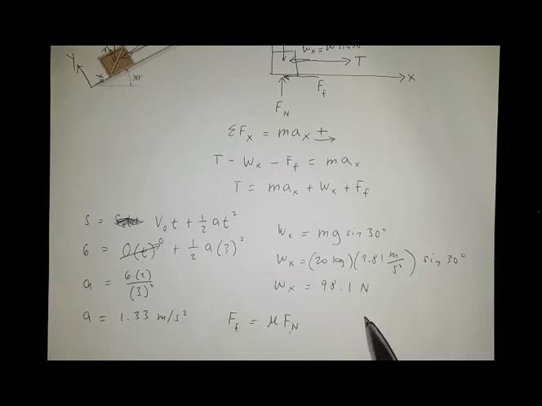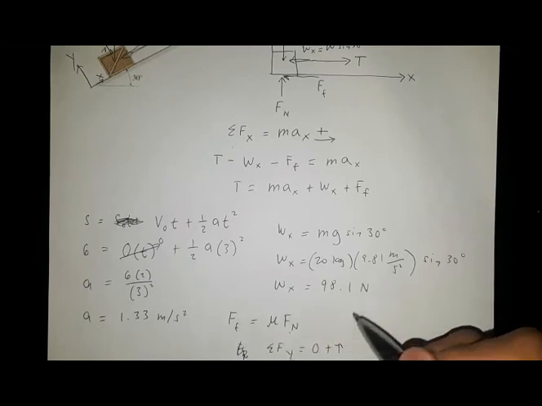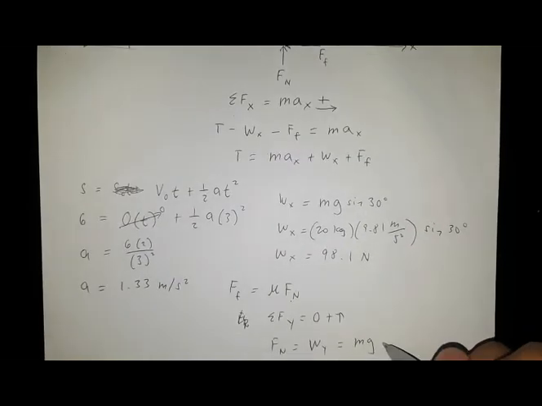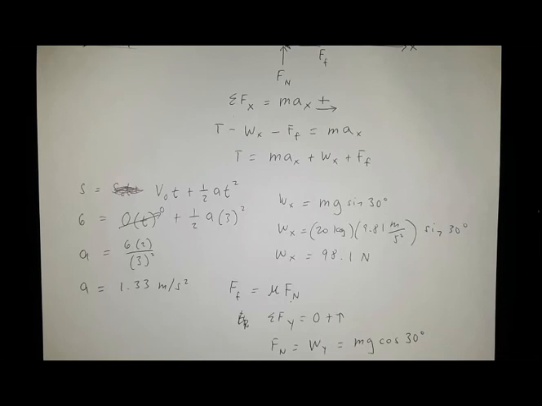The normal force can be solved by the summation of forces along y equals 0. So we have the normal force equals Wy, that is equal to mg cosine 30 degrees.